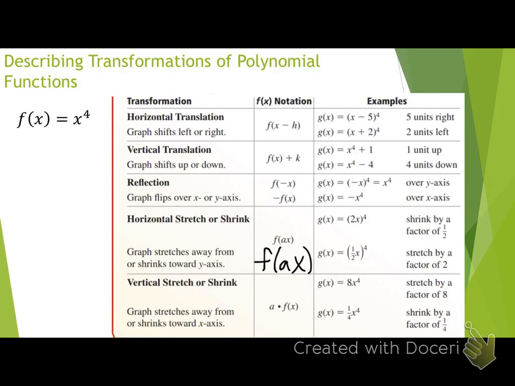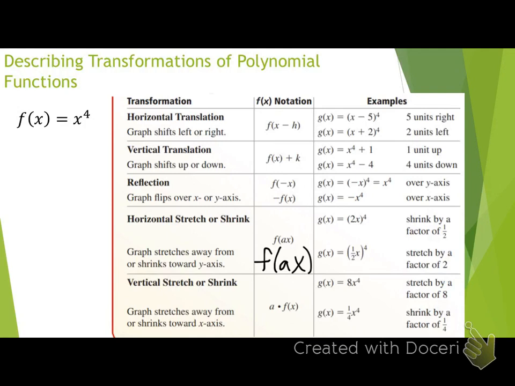So, it says x plus 2 to the fourth power. Yep, because if it's telling me it's a translation 2 units to the left, my h value is negative. I'm about to explain it. It's f of x minus h, correct? 2 units to the left would be a negative 2, because we're moving 2 units to the left.